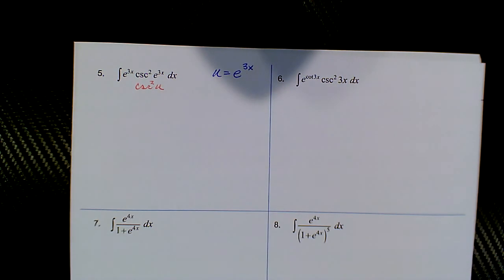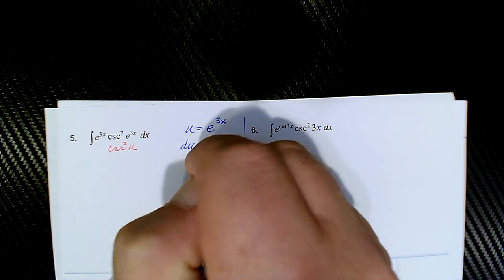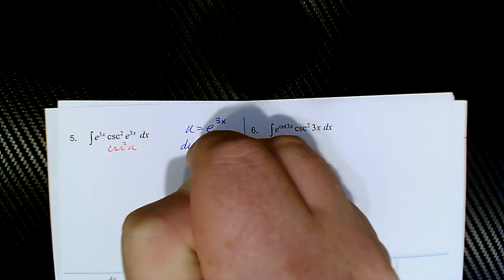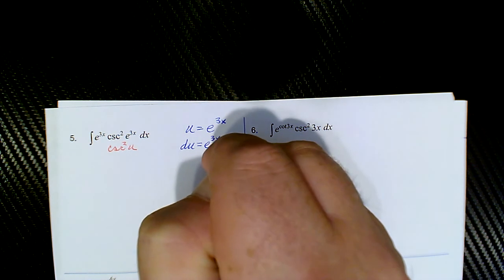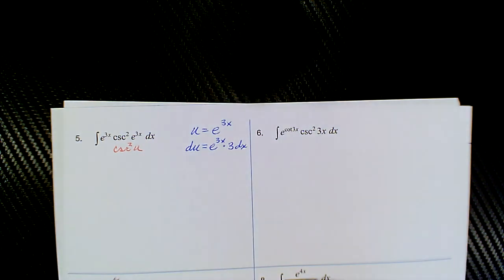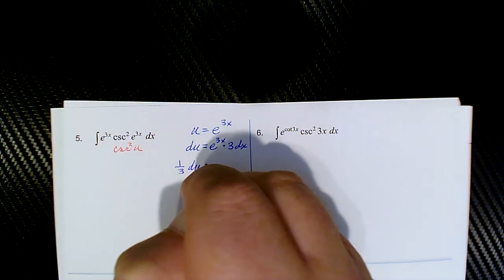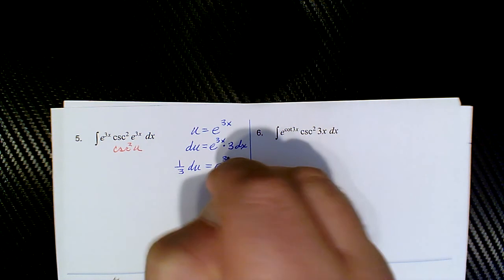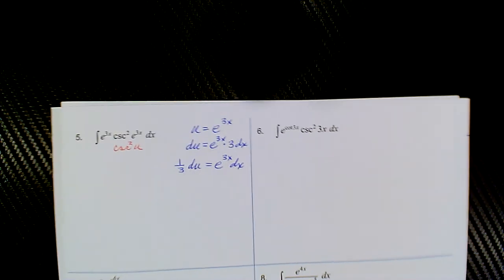So, doing so, we calculate our differential du. Make sure you put yourself in the differentiation mode. The derivative of e to the 3x is e to the 3x times 3. And the differential dx as well, we can modify by the 3, so we have that 1/3 du is e to the 3x times the differential dx.